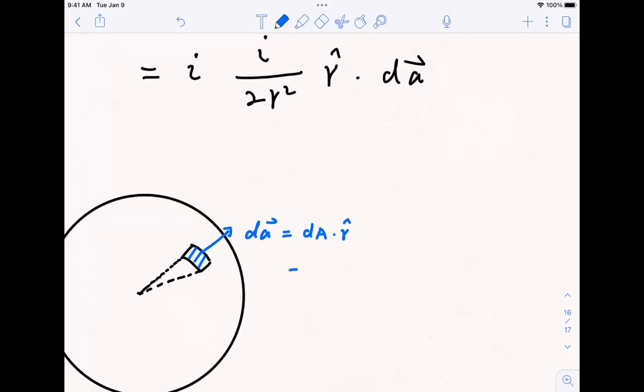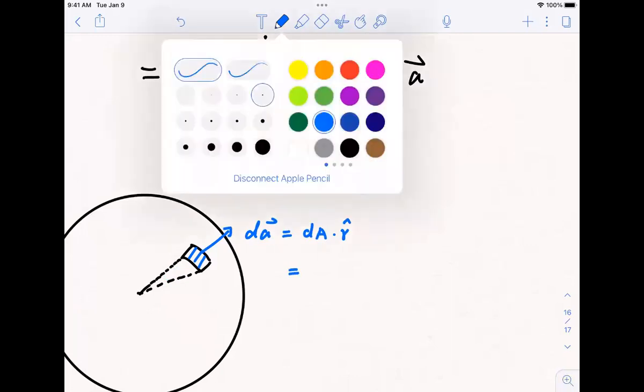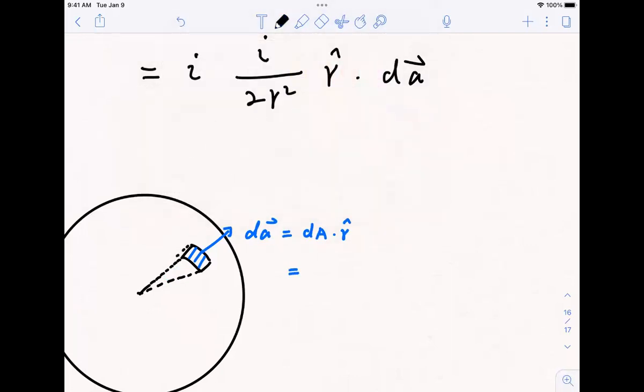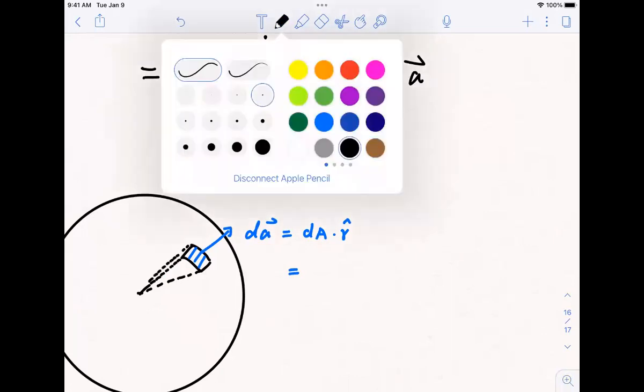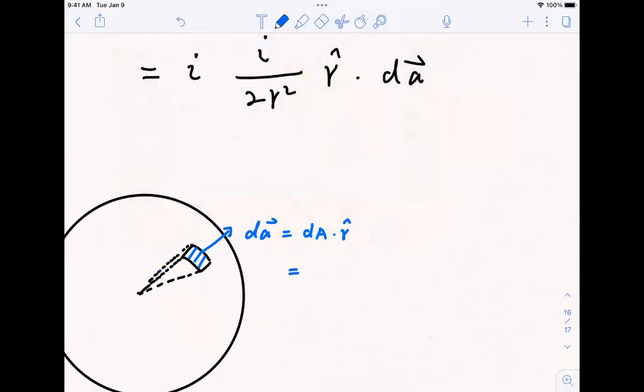So what is this dA? This dA is this solid angle. I don't know how to express the solid angle here.